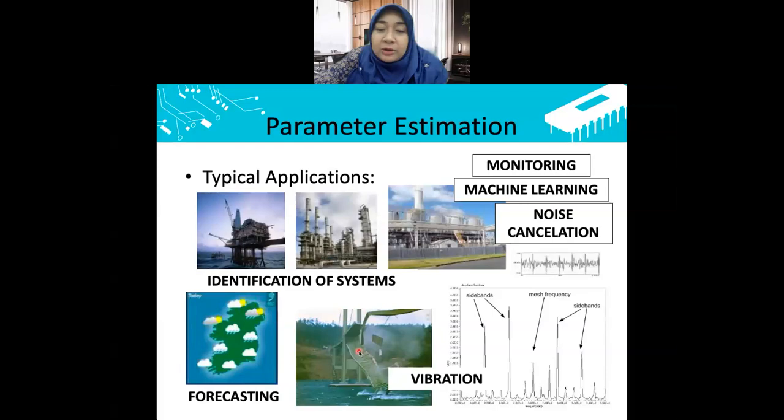So you can have an alarm system saying that the bridge is now vibrating and it can collapse, so people should not cross the bridge. Maybe you cannot stop the bridge from collapsing, but at least you can monitor and give an alarm to tell people that it is no longer safe to cross the bridge. Okay, so this is why you need to do some estimation, some prediction, and some forecasting on the system. All right.